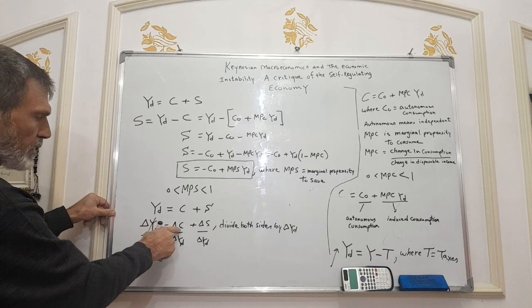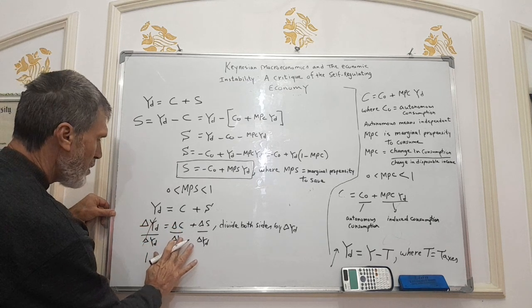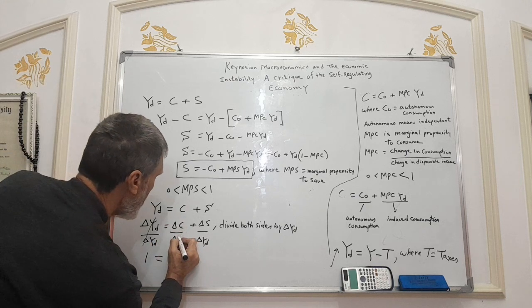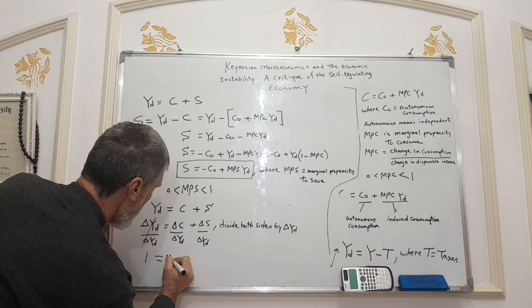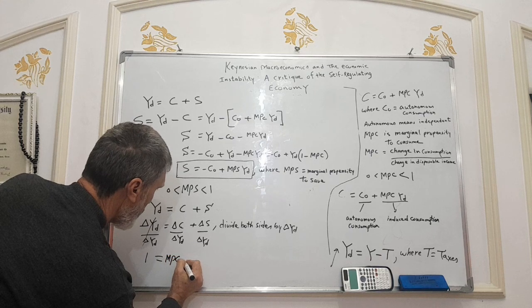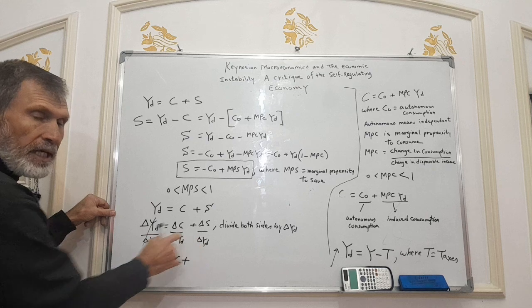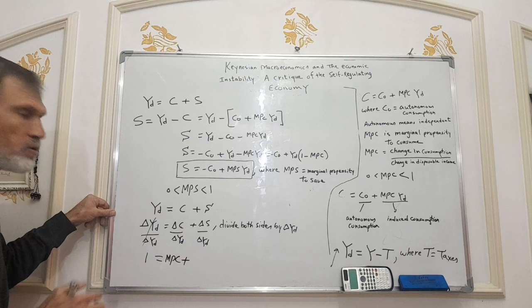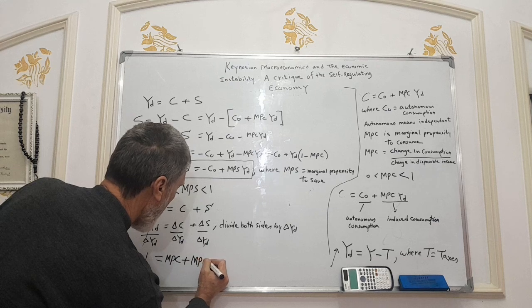The change in consumption over the change in YD is equal to the marginal propensity to consume, MPC, plus the change in saving over the change in YD, which is the marginal propensity to save, MPS.